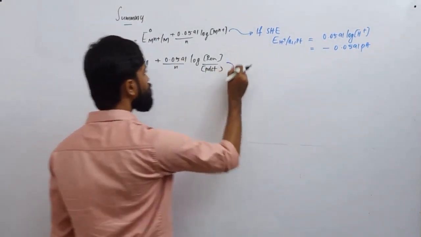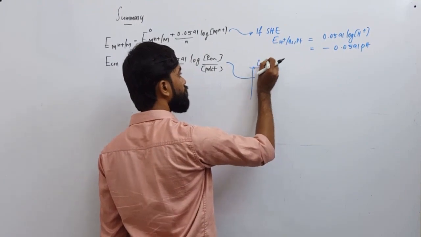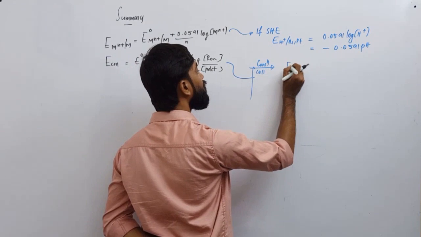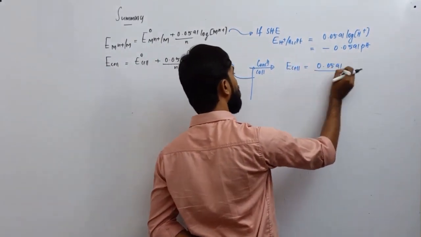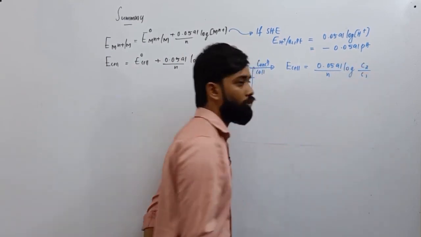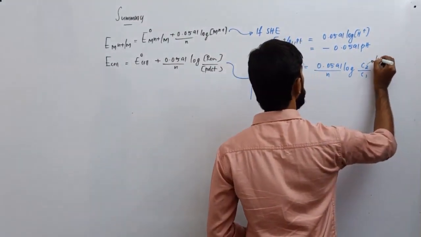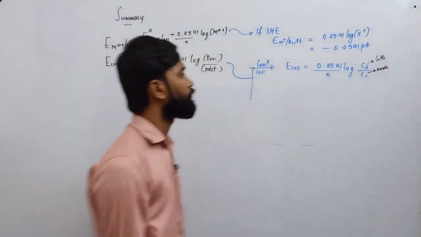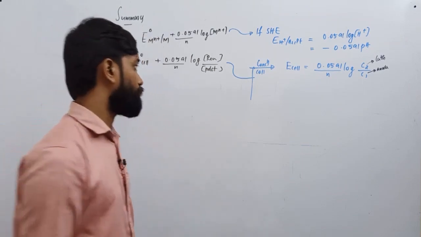Okay, if this is a concentration cell of any electrolyte, then cell EMF will be equal to 0.0591 by n log C2 by C1, log concentration of cathode by anode. Concentration of cathode by anode, simply reactant by product, that is the logic. Okay, and reactant and product, you have to choose from the reaction.